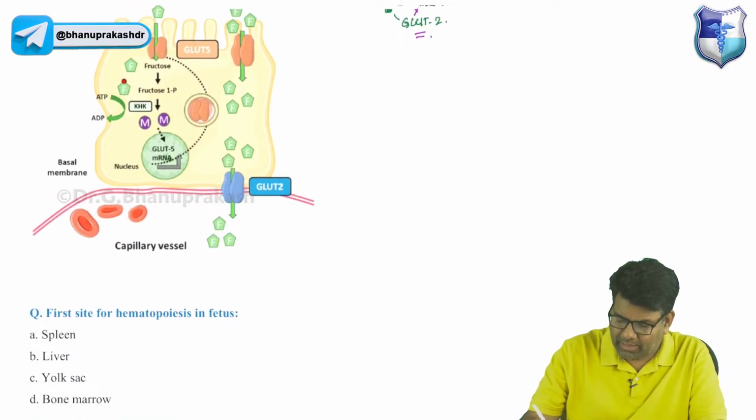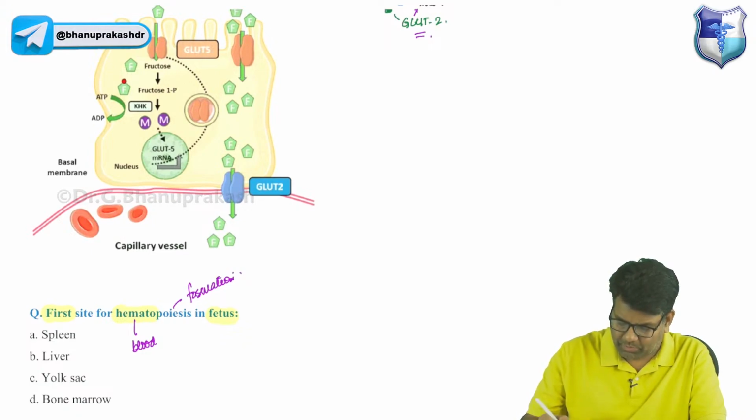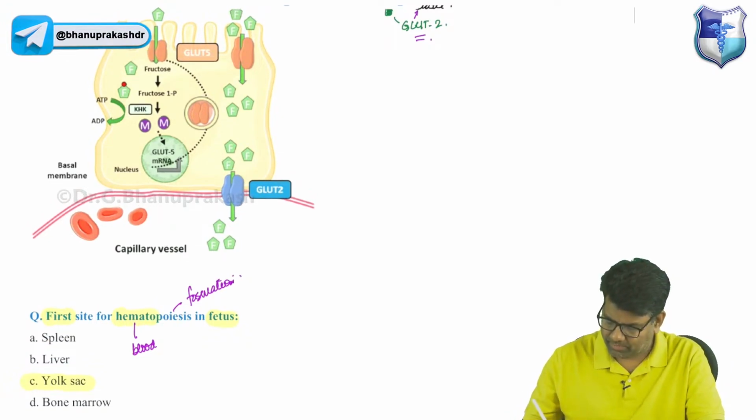Now, first site of hematopoiesis in a fetus. Hemato means blood, poiesis means synthesis or formation, and the first site is the yolk sac. If I write the sequence, yolk sac is first, followed by liver, very good.